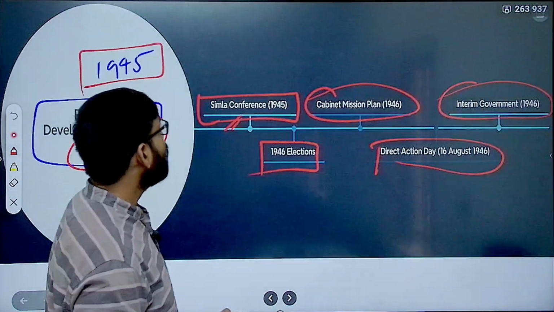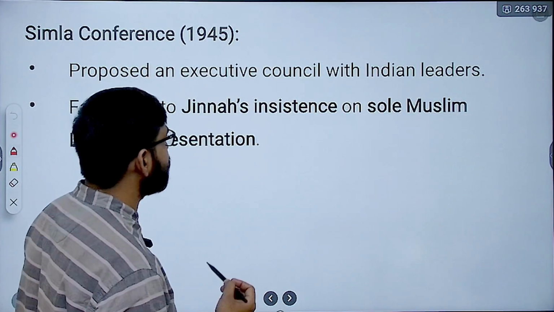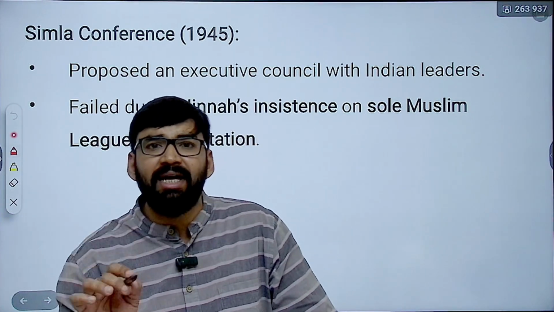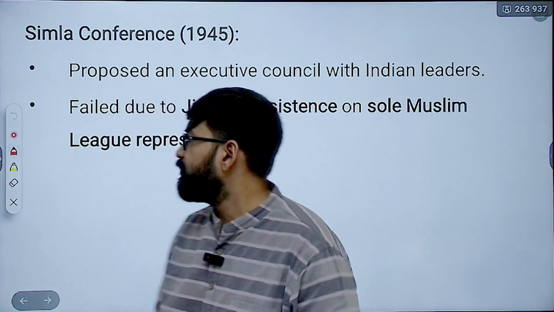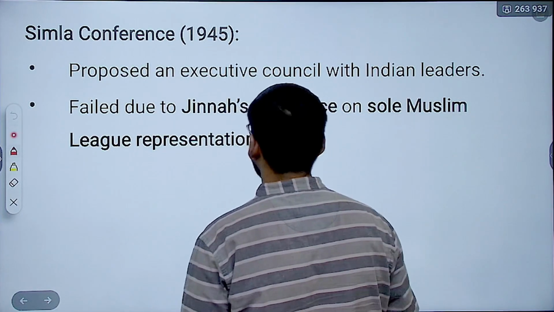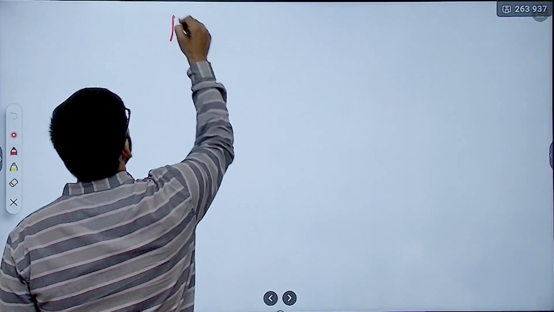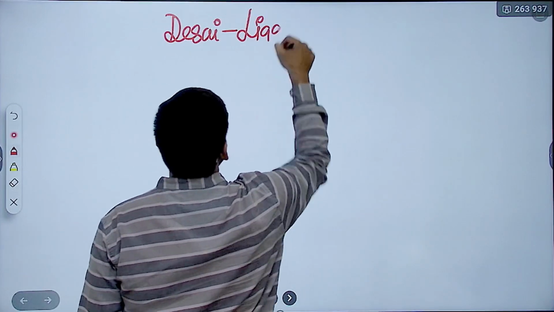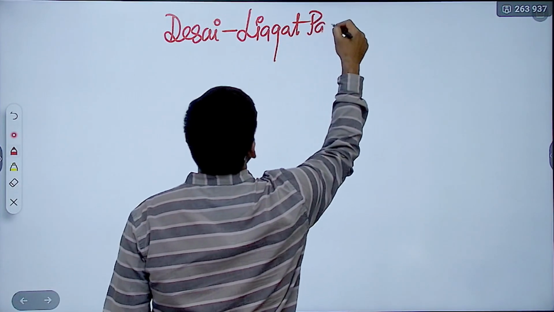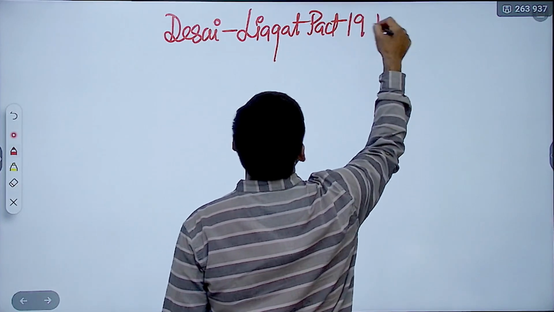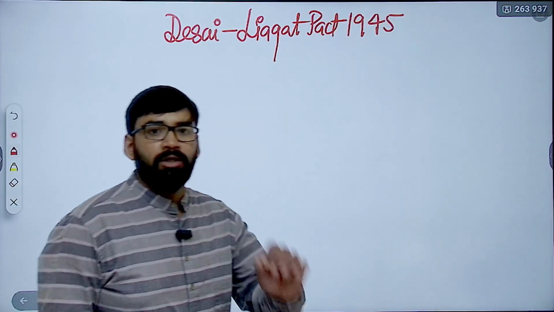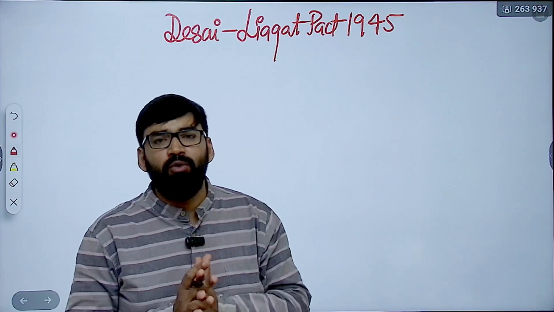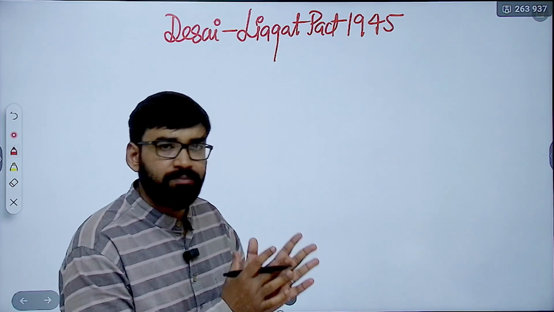Clear? Now, before we start this, there is one more very important event, which is called the Desai-Liaquat Pact of 1945 attempt. Yes. So let's talk about the Desai-Liaquat Pact of 1945. Now it was like back channel diplomacy, back channel talks over power sharing, and it failed, right?